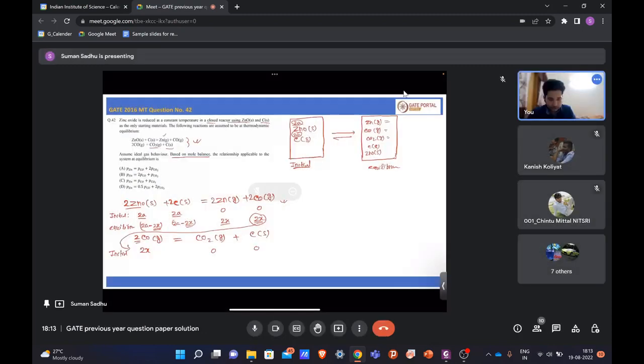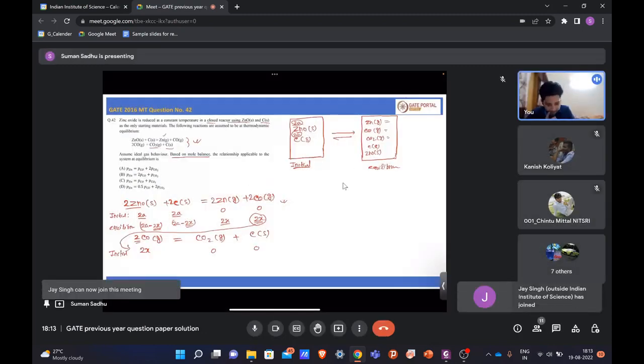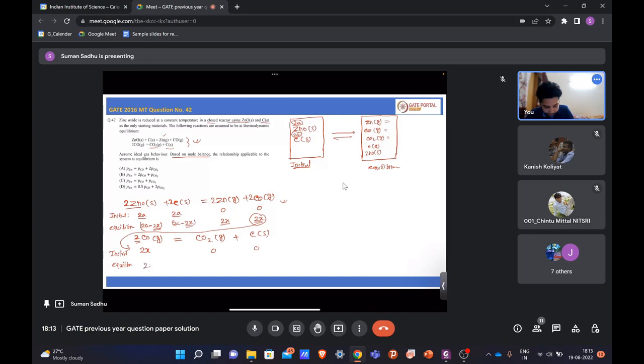Now let's say from this reaction at equilibrium, 2y mole of carbon monoxide is dissociating.